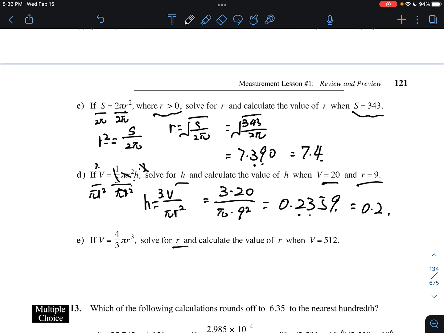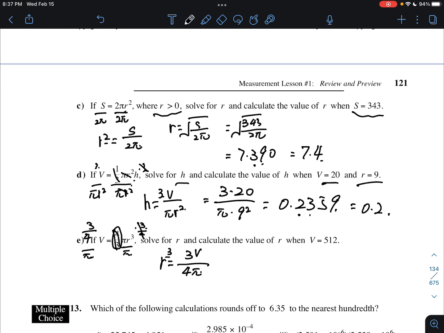Okay, last one, V equals 4/3 pi R cubed. We need to solve R, and when V is 512. And for this one, we need to isolate R first. How to do this one? We can times 3 and divide by 4 on the right side, and on the left side times 3 and divide by 4, so we can cancel this part. And then we need to divide by pi on both sides, and we can rewrite the equation as R cubed equals 3V divided by 4 pi.